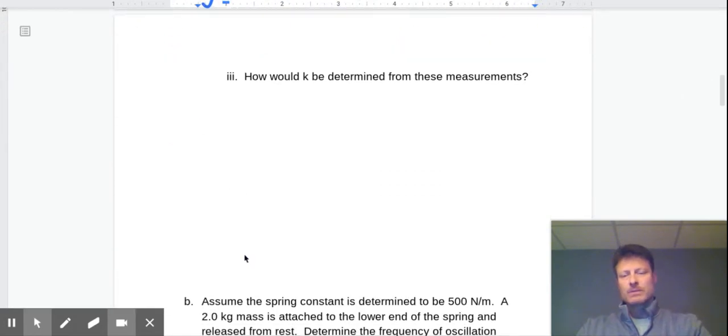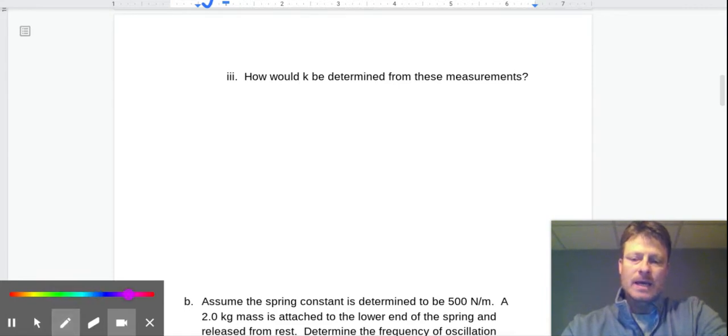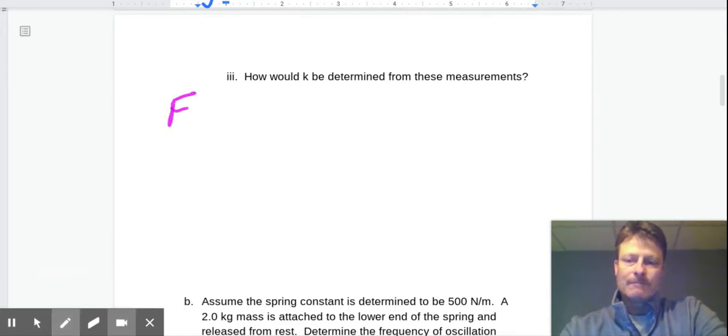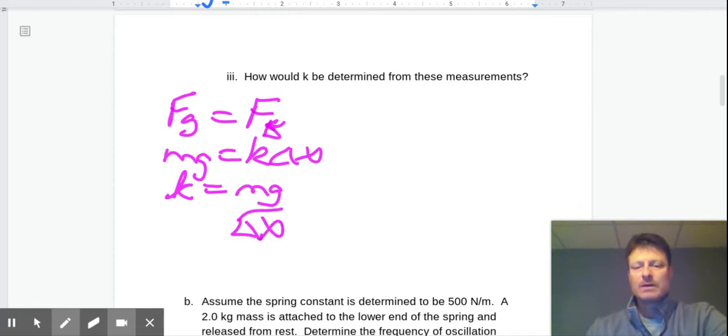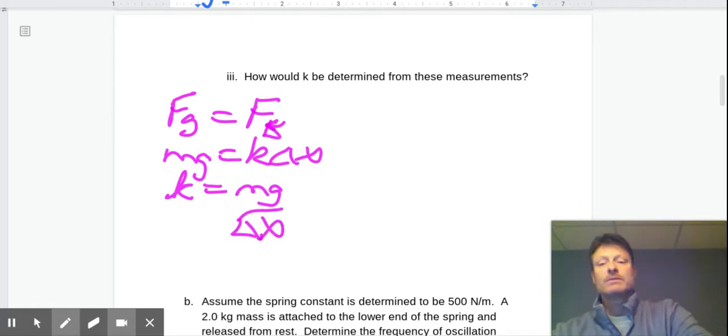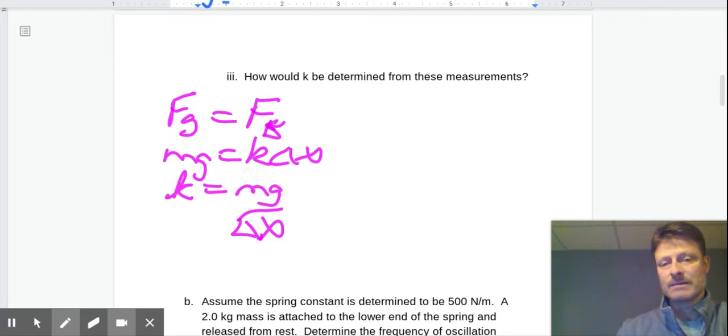And how would you determine it? Your force due to gravity is equal to the force due to the spring, so mg equals k delta x, and k would be equal to mg over delta x. Or in the case of the force sensor, it would be the force over delta x, the change in length.